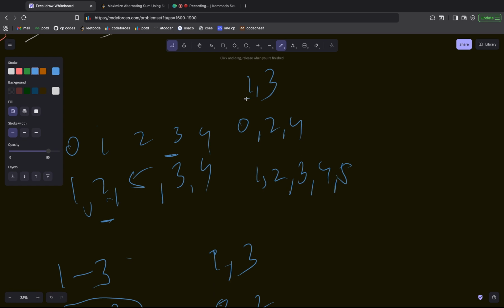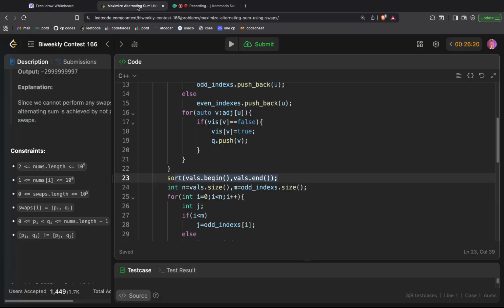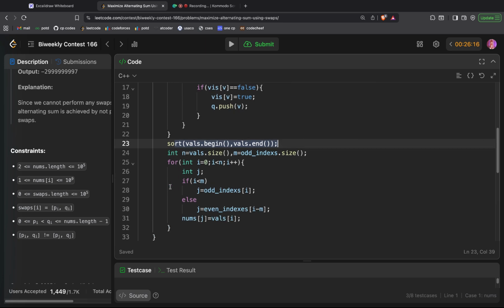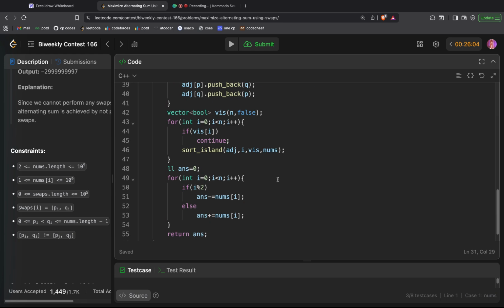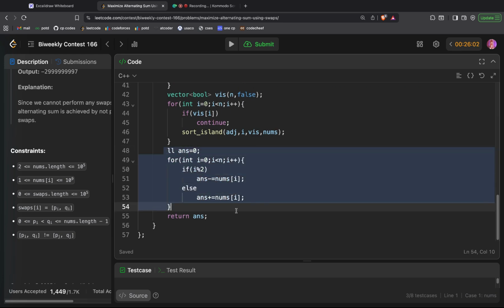Now for all the odd indexes, I put the smaller values. For all the even indexes, I put the bigger values. That is simply what we are doing here, right? So for all these smaller values, if j is less than m, I should put a smaller value here. Else I can put the bigger value. And after putting all the correct values, I can just calculate what my answer would be.